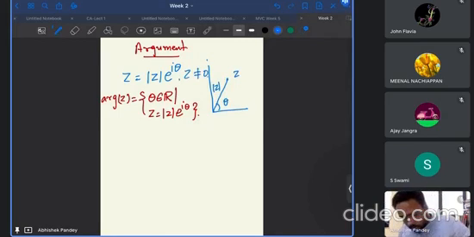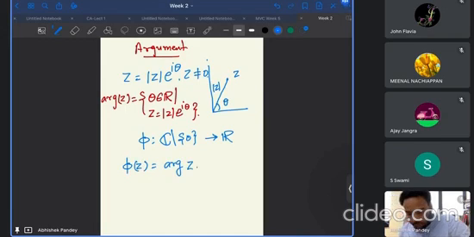Now let us consider a function phi from C minus 0 to R, defined by phi of Z is equal to argument of Z. So is it even a function? Yeah, so it is a multivalued function kind of.